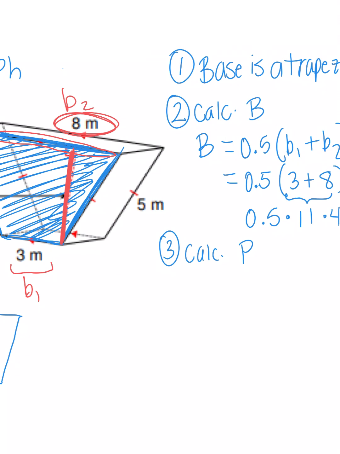If you look at the picture, these 2 sides over here are both 5, because I can see 5 right there. So this is 5 and this is 5. When I go to get my perimeter, all I'm doing is adding up those 4 sides. So you have your 8, your 5, your 3, and your other 5, which should give us 21.